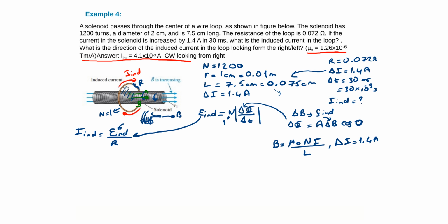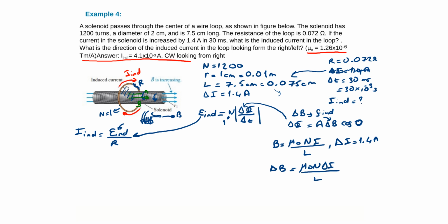Change in current, that's not in the loop. I can directly calculate my delta B using change in current, right? Mu 0 and delta I over L.